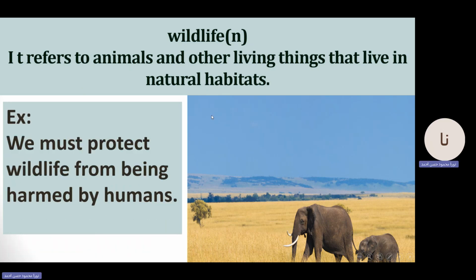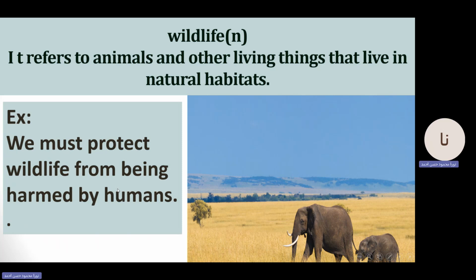We must protect wildlife from being harmed by humans because humans cause a lot of damage to wildlife. Hunters kill animals and so on. People burn forests. Okay, so we should protect our wildlife.